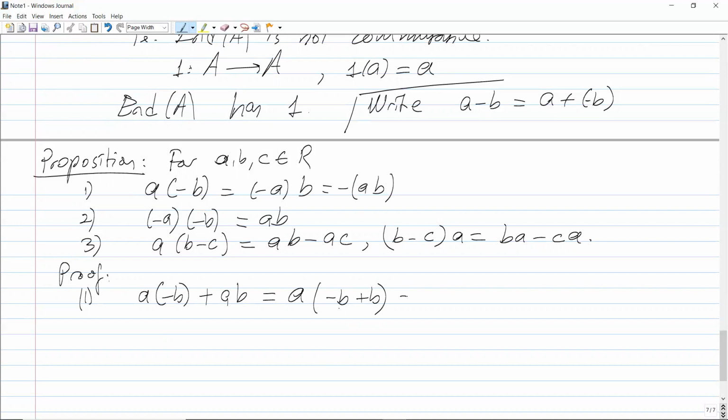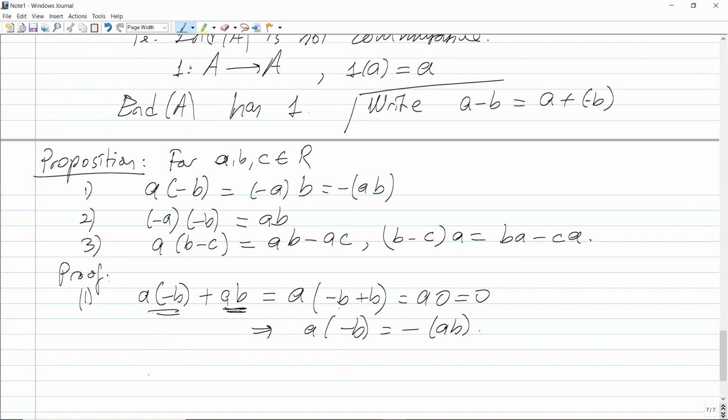And minus B plus B is 0, so we get A times 0, and we know that A times 0 is 0. So that means this element is the inverse of AB. So A times minus B is the additive inverse of AB.